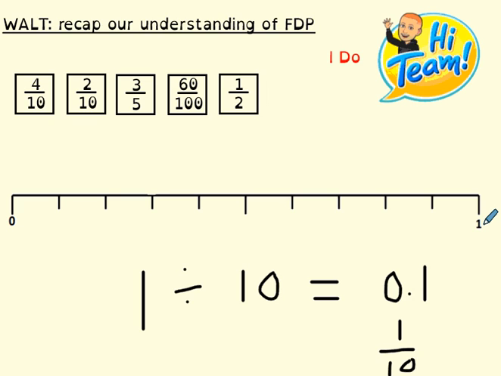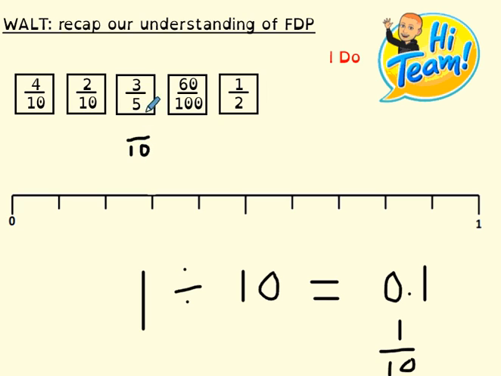Now I'm going to look at my fractions up here. If I know that I'm jumping in tenths every time, it'd be good to have all my fractions written over 10. So my 3/5 written over 10, because I'm timesing my denominator by 2, I times my numerator by 2, which will give me 6.